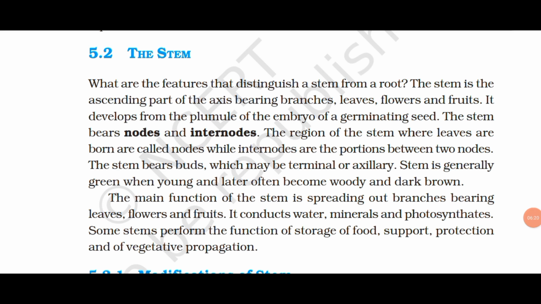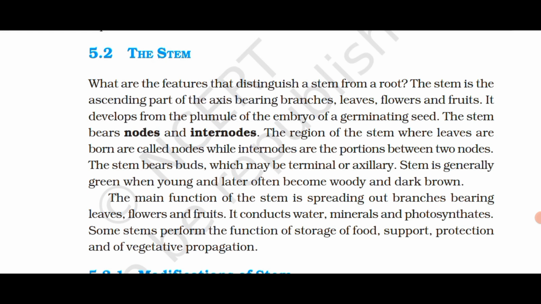5.2 The stem. What are the features that distinguish a stem from a root? The stem is the ascending part of the axis, bearing branches, leaves, flowers, and fruits. It develops from the plumule of the embryo of a germinating seed. The stem bears nodes and internodes.